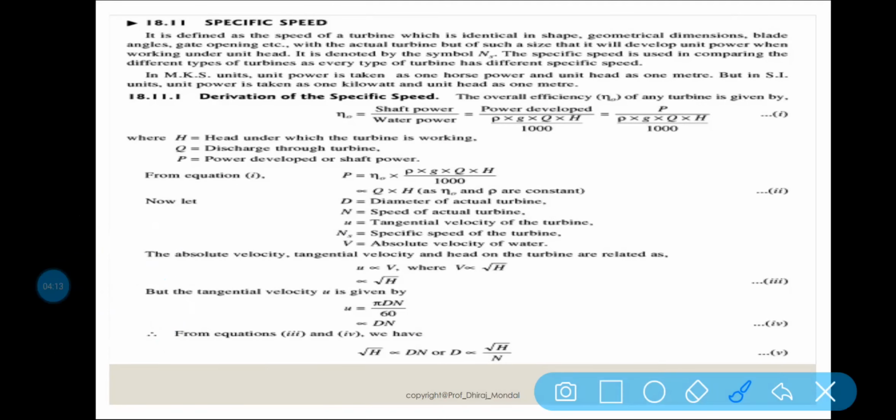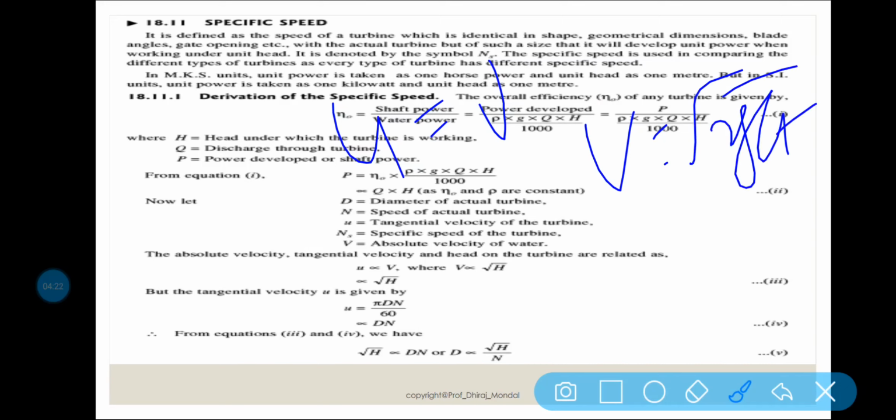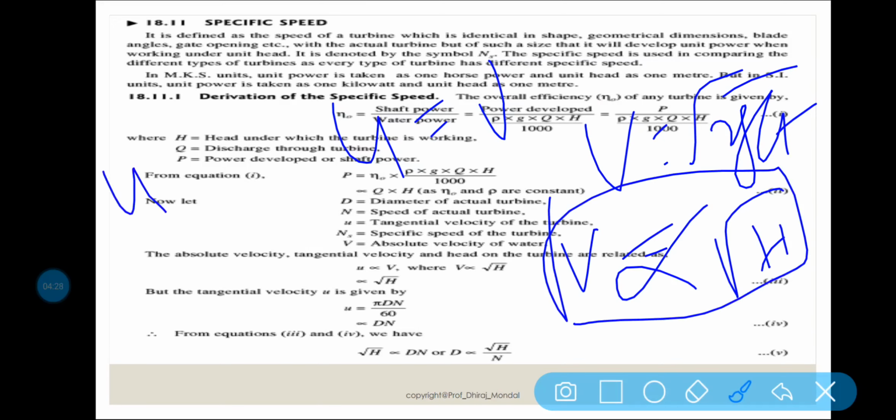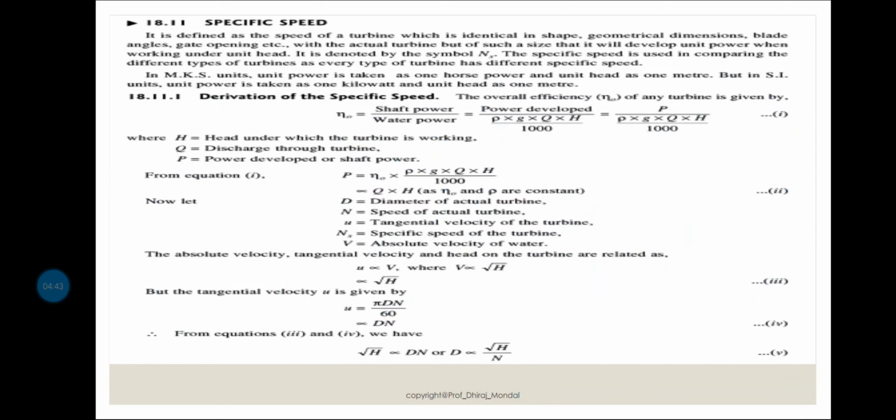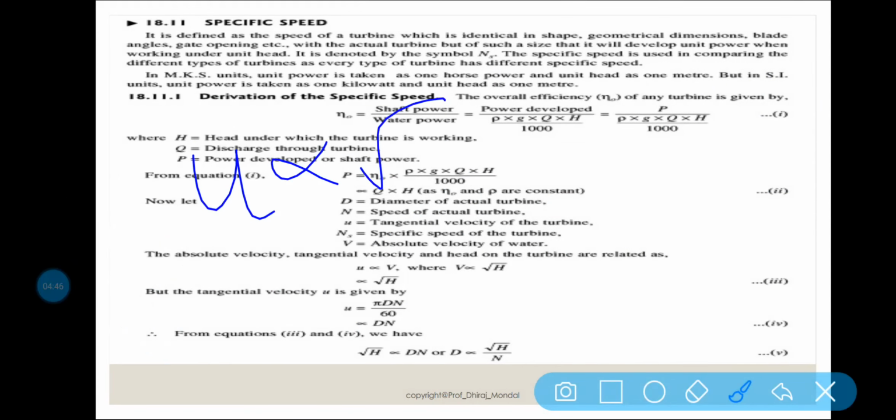You know that V is equal to root over 2gH, so V is proportional to root over H. And as you know, if you increase the velocity of the nozzle, the blade velocity also increases, so U is proportional to V. If U is proportional to V and V is proportional to root over H, then we can easily write U is proportional to root over H. V is the absolute velocity of the jet and U is the velocity of the wheel.